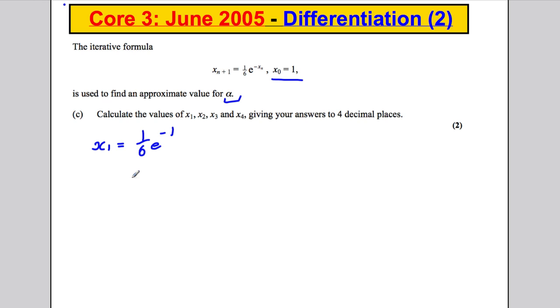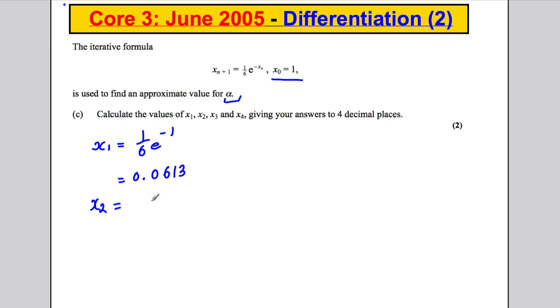To the negative, and you get yourself 0.0611313. You're supposed to give it to 4 decimal places, so 1, 2, 3, 4, that's sufficient. Then the next one, x2, would be a 6th e to this number here.